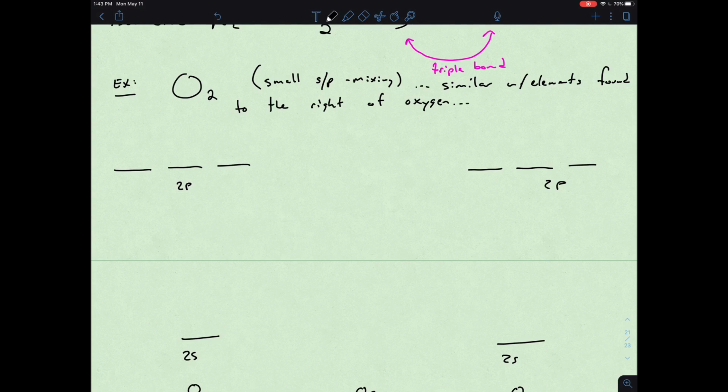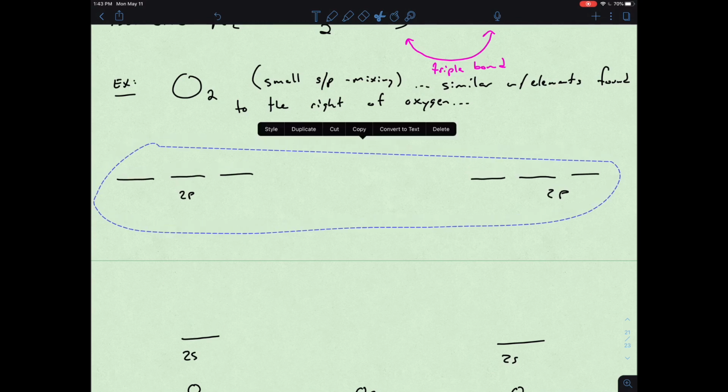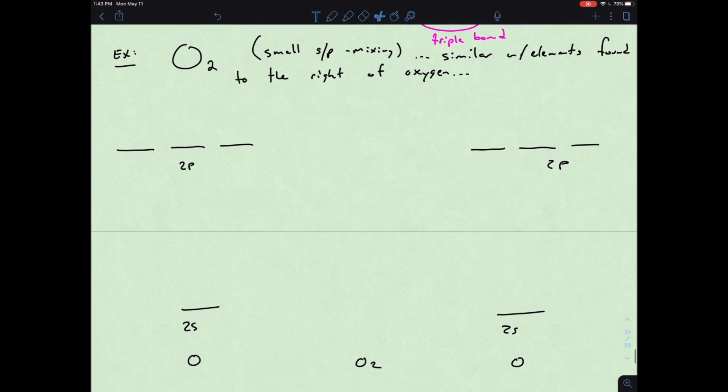So fluorine, for example, would be an example of an element to the right of oxygen. And if we put in our electrons, we have 6.